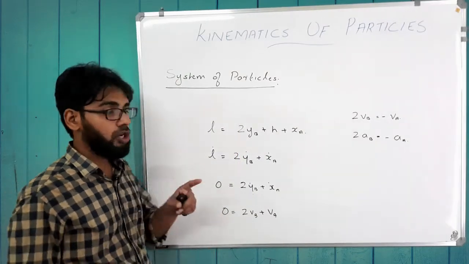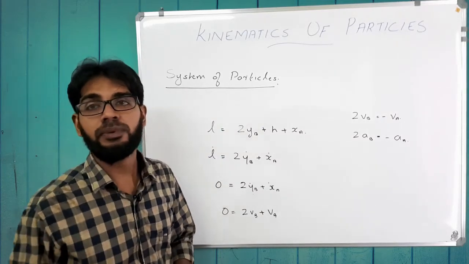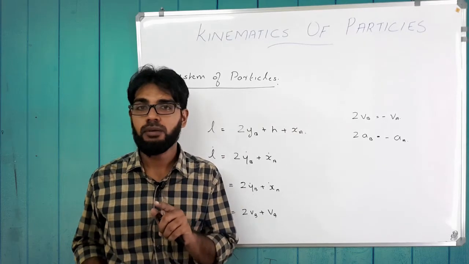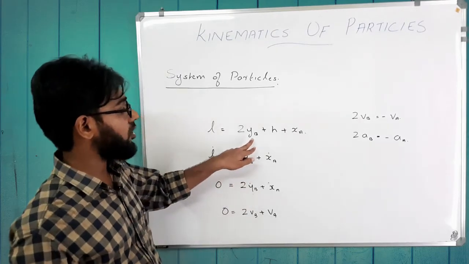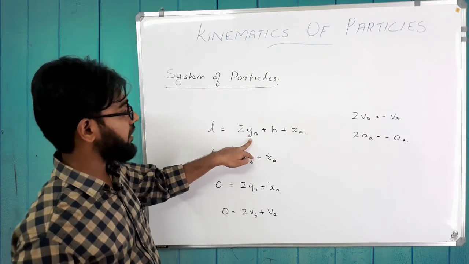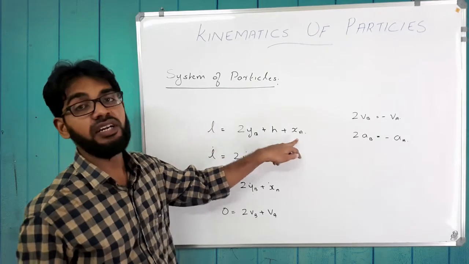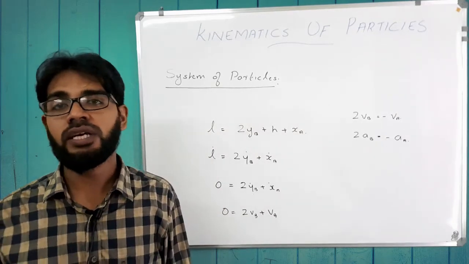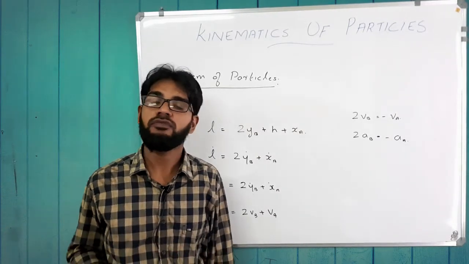Now, in both of these cases which we had discussed previously, there was only 1 degree of freedom, because the coordinate yb and coordinate xa were interrelated. But sometimes there may be cases where there are multiple degrees of freedom.